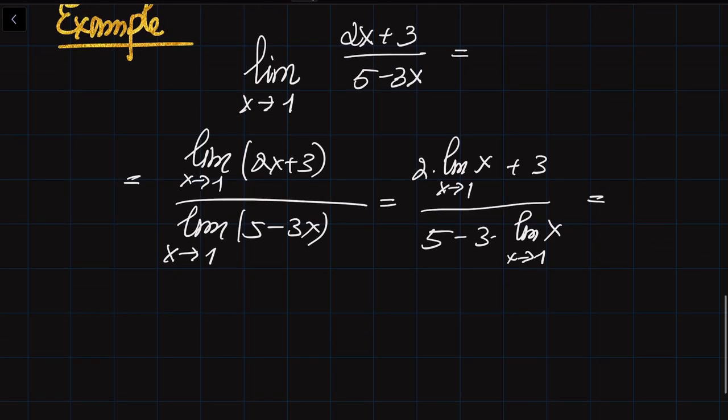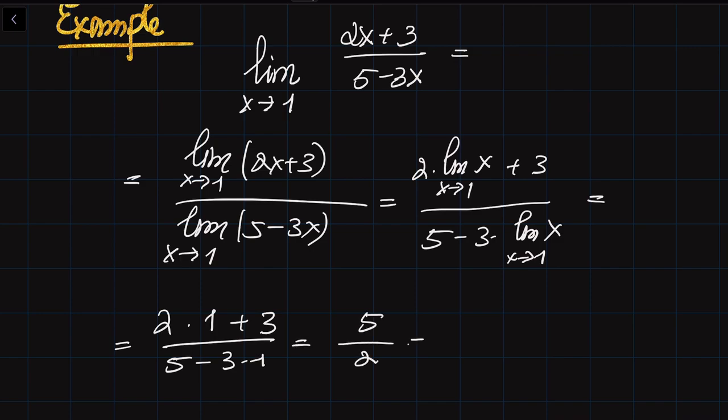When x goes to 1, the limit of x is simply 1, right? It is going to be 2 times 1 plus 3 divided by 5 minus 3 times 1, and that's going to be 5 over 2, or 2.5.